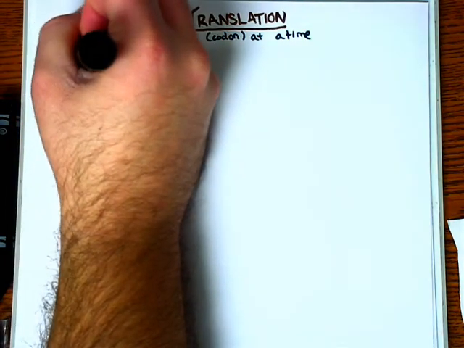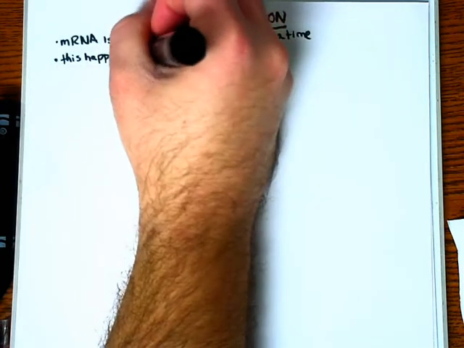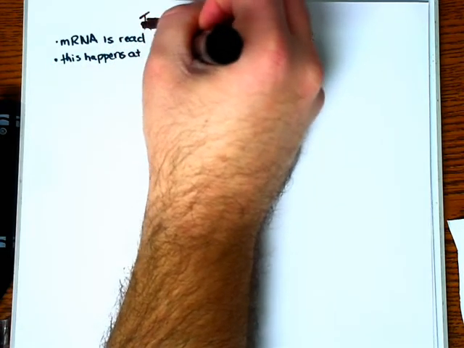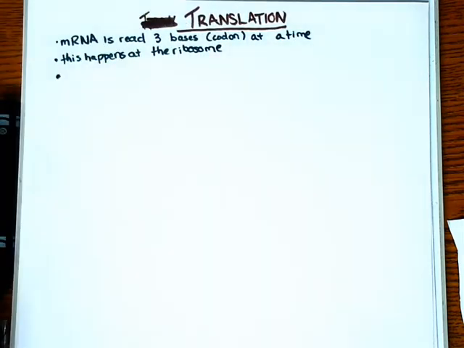Okay, so this happens at the ribosome. And for each 3 bases, what is that code for one of?